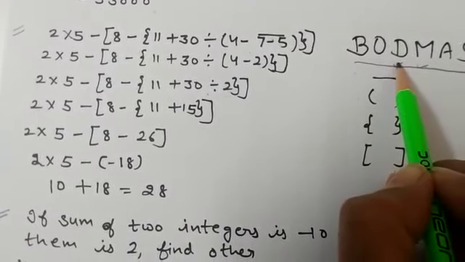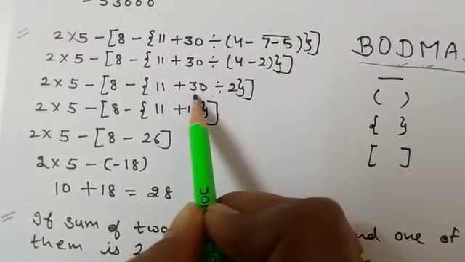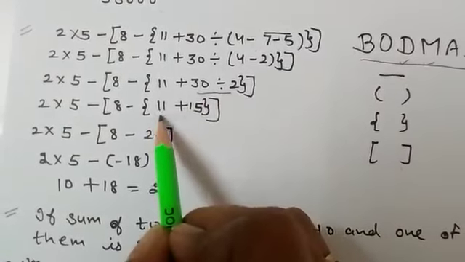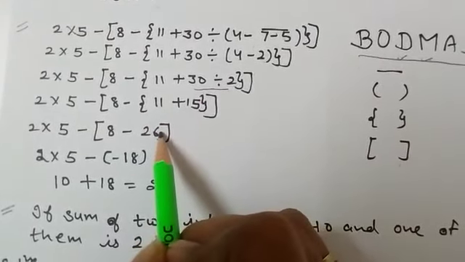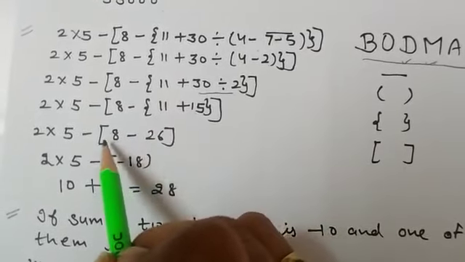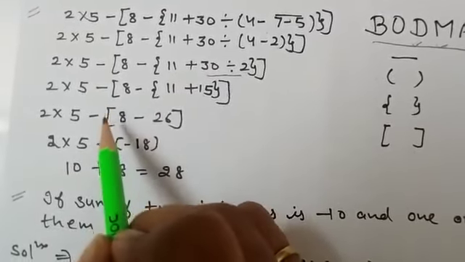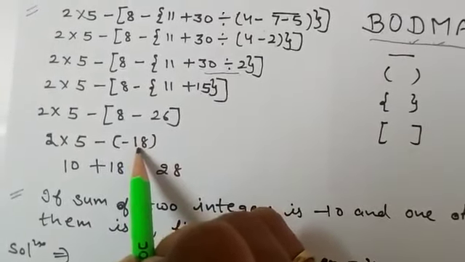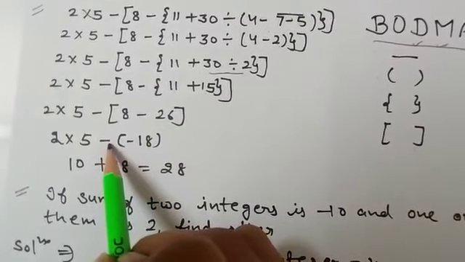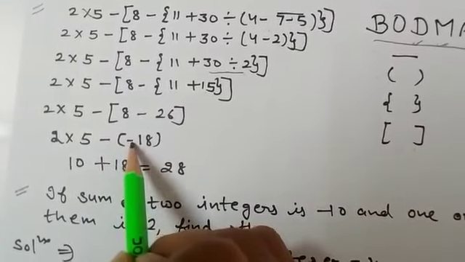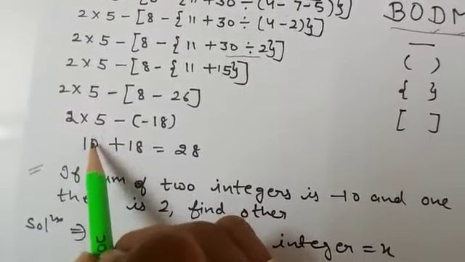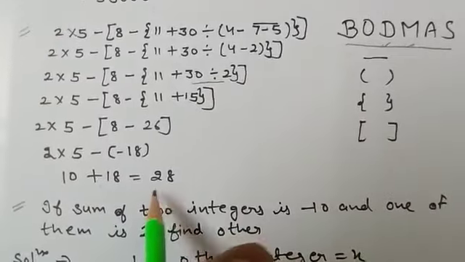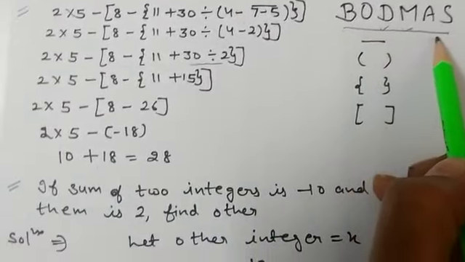So first we solve the division, that means we solve this part, 30 divided by 2 is 15, and then add: 11 plus 15 is 26, and then we solve the rectangular bracket and the remaining digits are the same. 8 minus 26 is minus 18, then before the bracket minus and minus minus will become plus. 5 into 10 and plus 18, answer is 28. Clear? So it is very important we follow the rule of BODMAS.